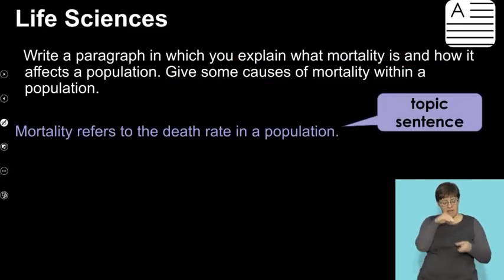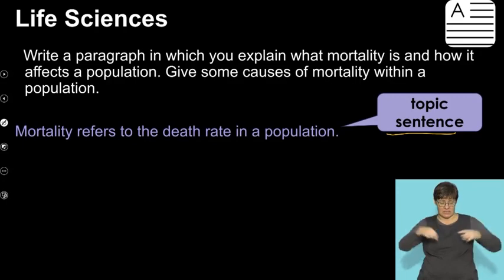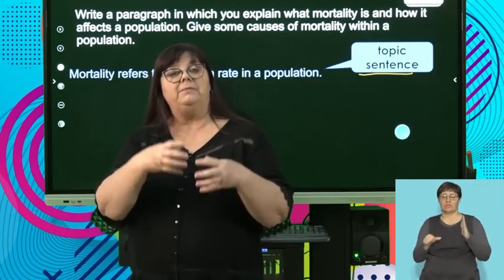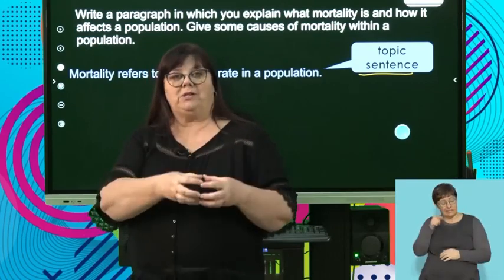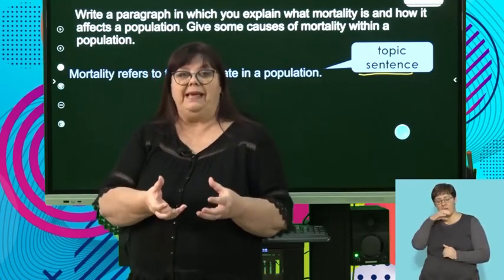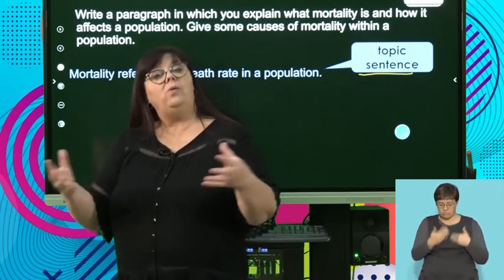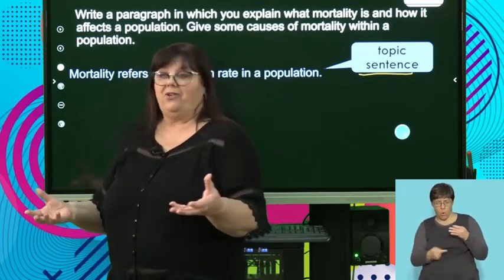So let's look at my paragraph. Mortality refers to the death rate in a population, and I've given a definition of mortality as my topic sentence because that was what the paragraph had to be about. But now I've got to go on and answer all the other parts of the paragraph.